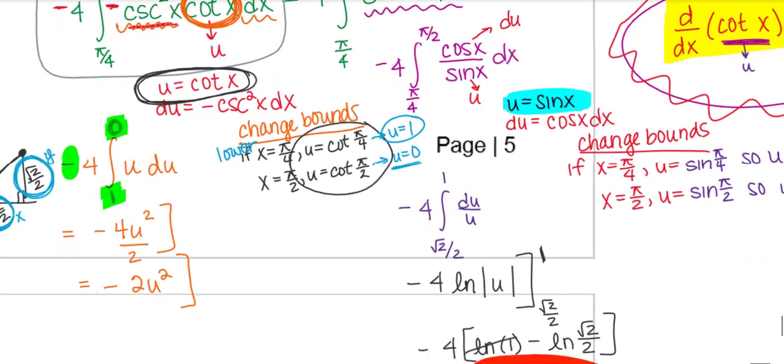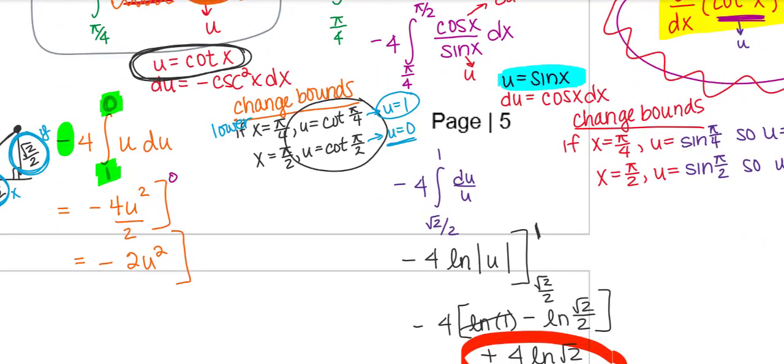Okay, so I can keep my upper bound 0, keep my lower bound 1. A lot of us do forget, though, to put the 0 in first. So if that's the case, you can just get rid of that negative right there. But my lower bound is 1, upper bound is 0. So if I do that, 0 squared minus 1 squared, I do get -2 distributed times that -1 will be a +2.